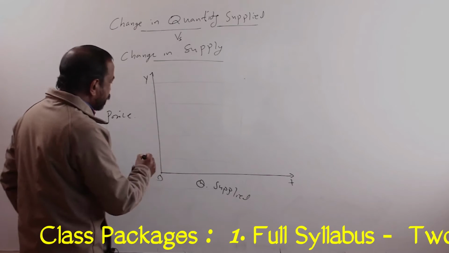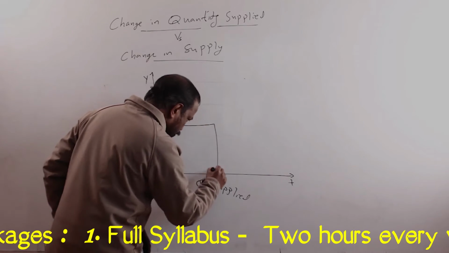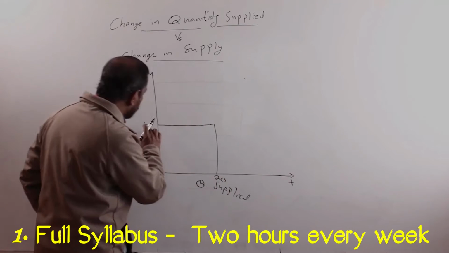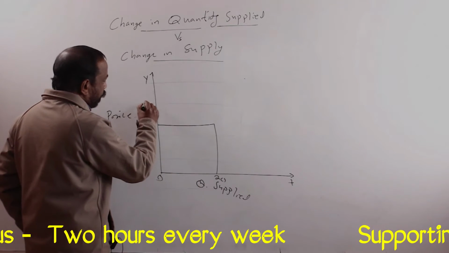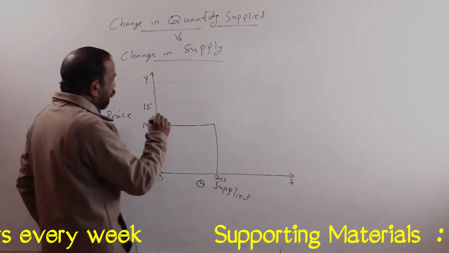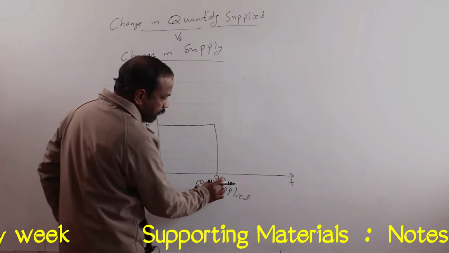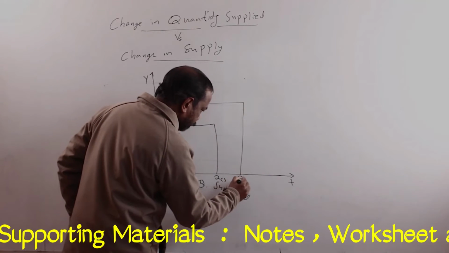Now, our price is 10, our quantity supplied is 20. Our price is going to rise from 10 to 15. What is going to happen? Our quantity supplied is going to increase from 20 to 25.